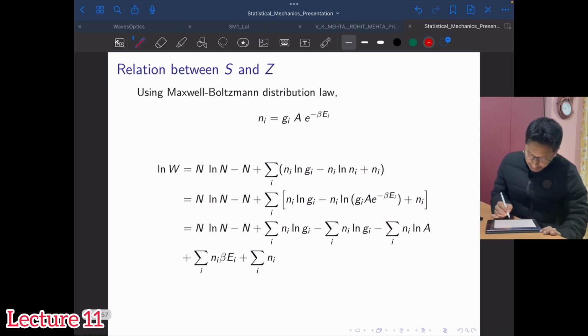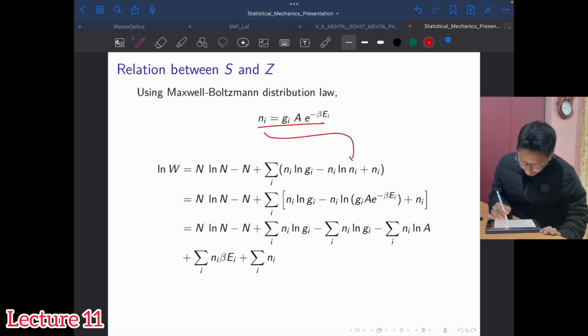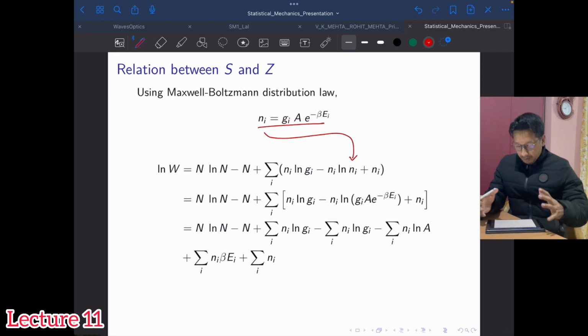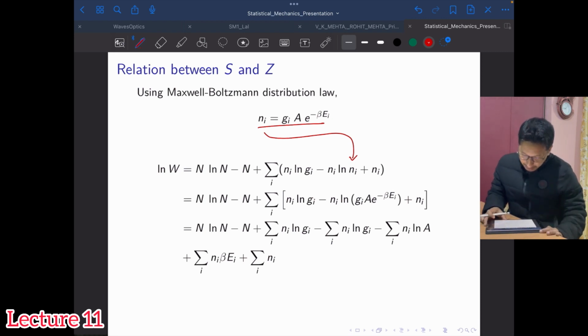You substitute for this ni in this expression. Here you will see why. We can substitute anywhere, but mathematically to carry out the simplest steps going forward, I have not done anything.